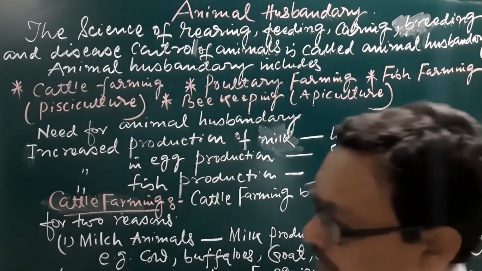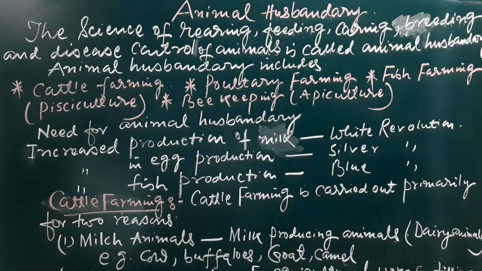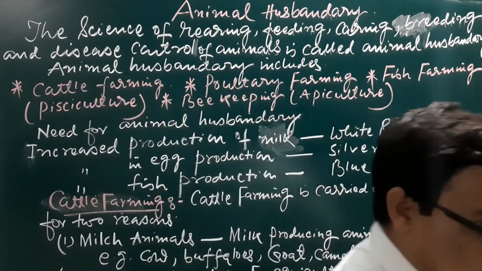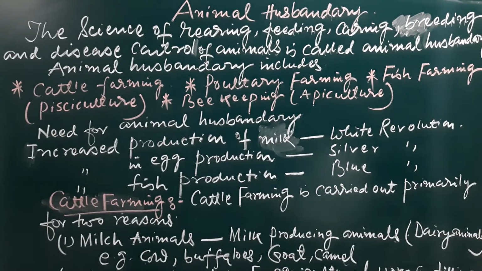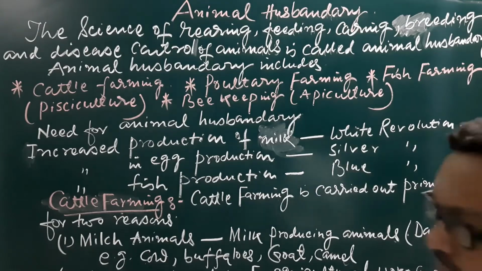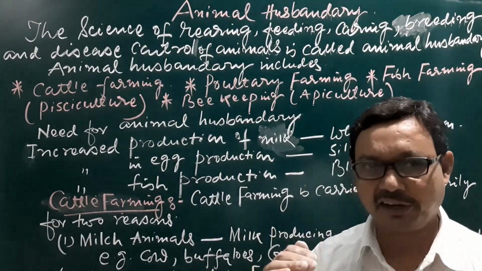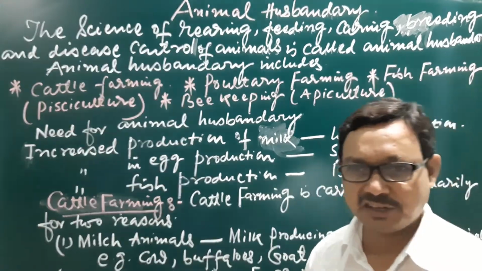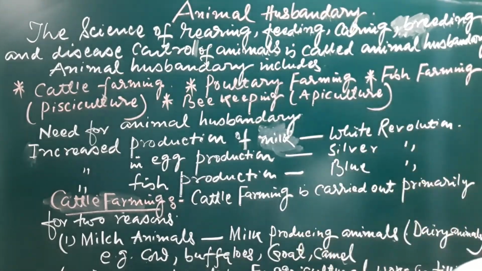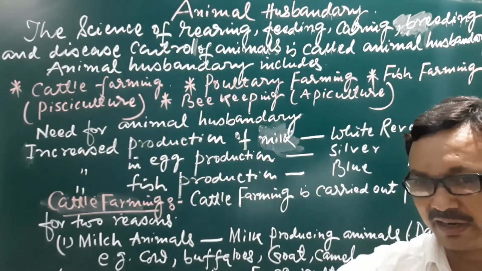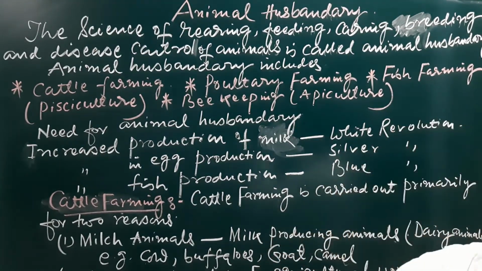Now in this chapter we are in the second part of the chapter, which includes animal husbandry. The scientific process, the scientific approach towards rearing, caring, breeding, feeding and taking control and preventive measures when the animal suffers from a disease, that is animal husbandry.